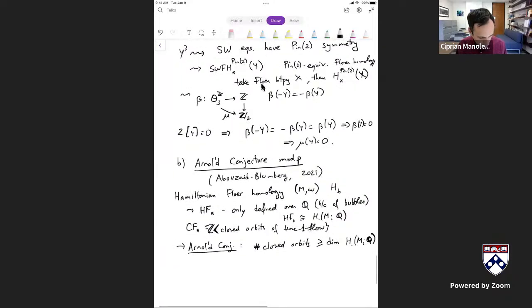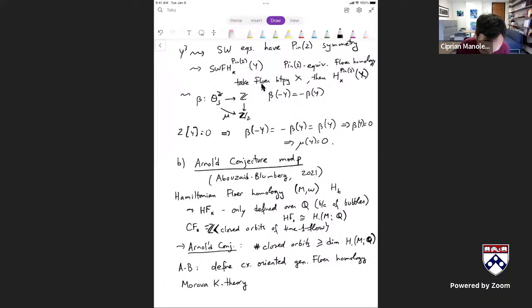So this was known before, but what Abouzaid and Blumberg do is they define more than homology: they define complex-oriented generalized Floer homology. The one that they care about is Morava K-theory.